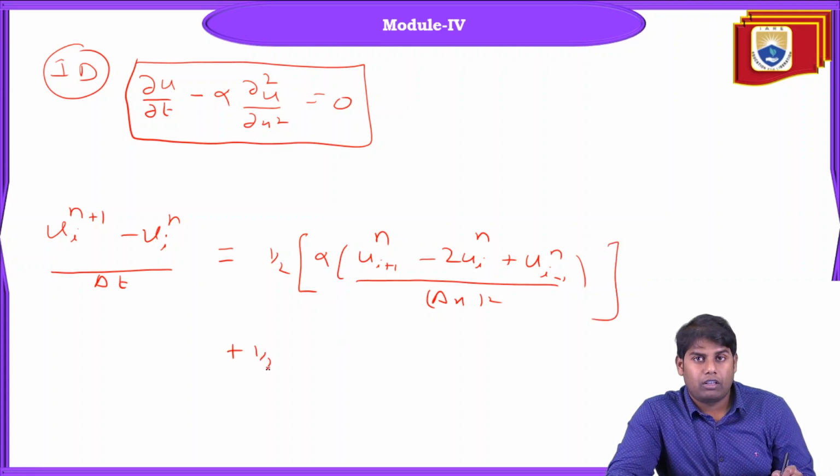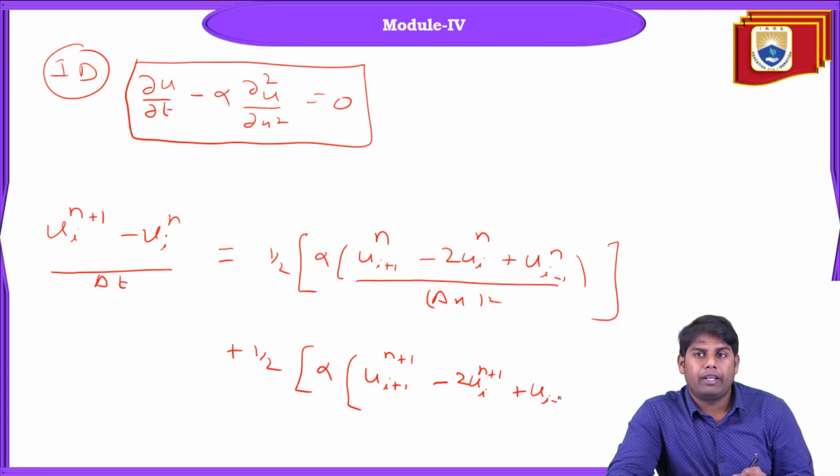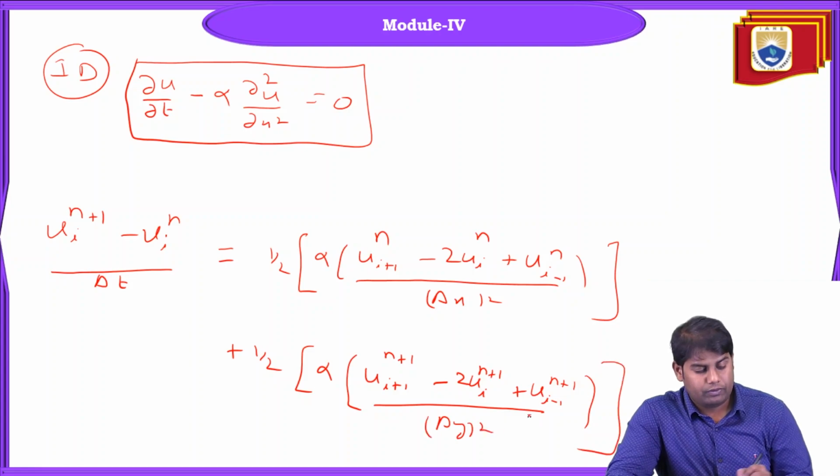Plus half of alpha into u of i plus 1 to the power of n plus 1 minus 2u of i to the power of n plus 1 plus u of i minus 1 to the power of n plus 1, divided by delta x square. So we have the first half here, the second half here.